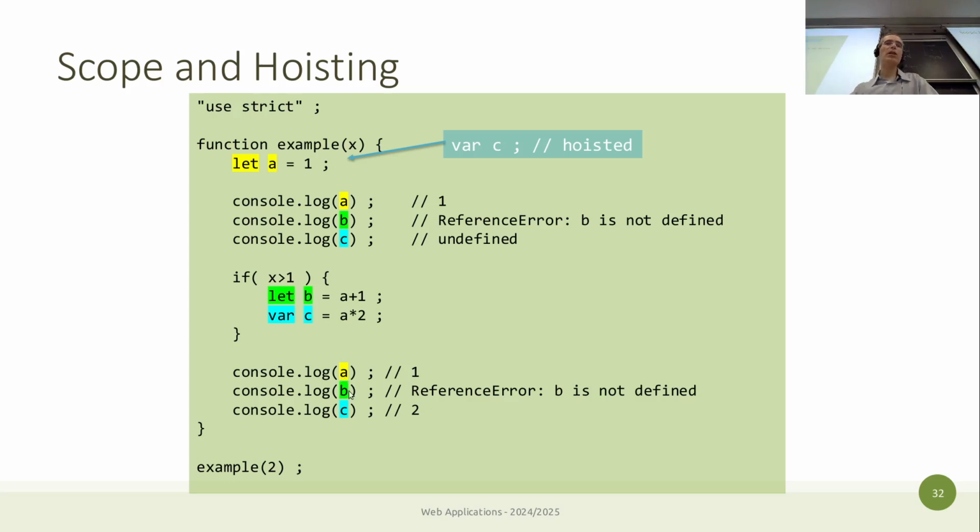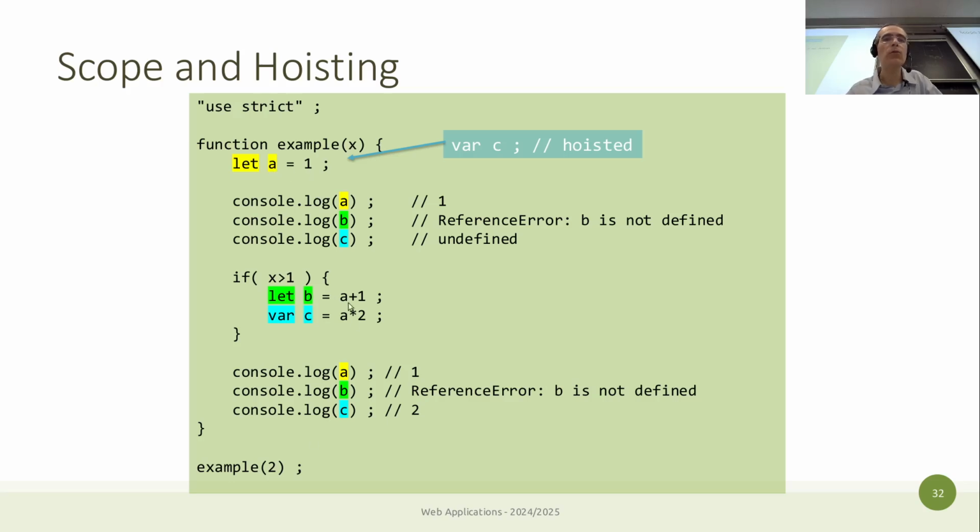And then console log A, B, C. A, B is still not defined because it was defined inside a block inside the if, so it doesn't exist outside the block. And C, now it has a value, and depending on the code, it will have a value like 1.